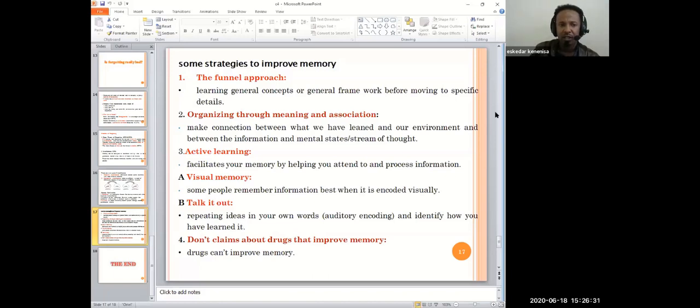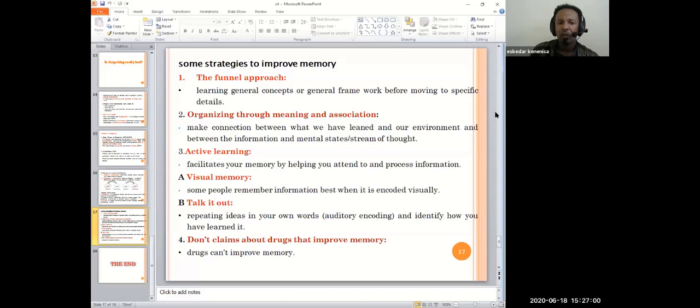The second one is to organize through meaning and association. When we read something, we have to associate it with what we know before. When we read a book, theories, or concepts, especially in psychology, everything is not new. It's our life. We can see our little brothers and sisters, or remember our own lives, or compare it with our own lives.